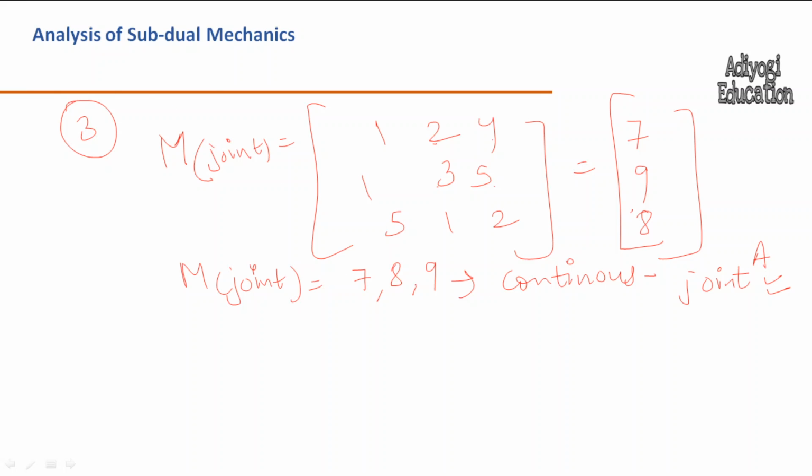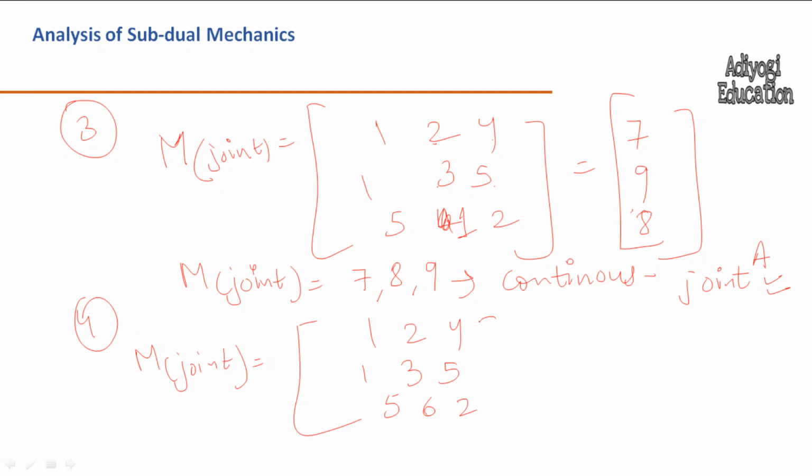Actually I wanted to take something else, so let me change this value. Let's take the fourth one. M of joint is given as 1, 2, 4, 1, 3, 5, 5, 6 and 2.